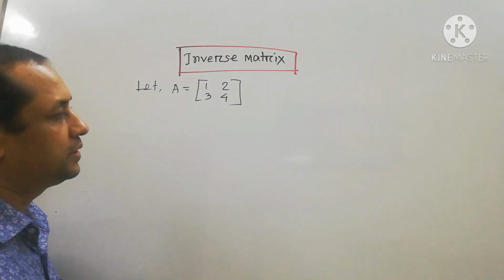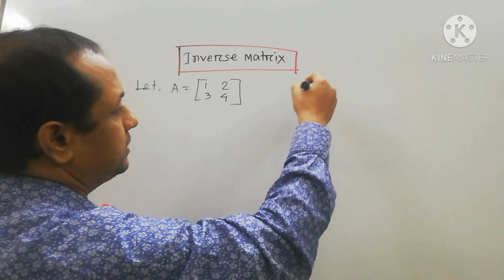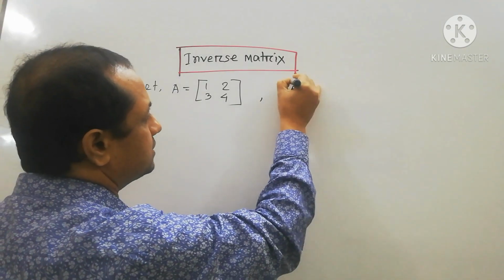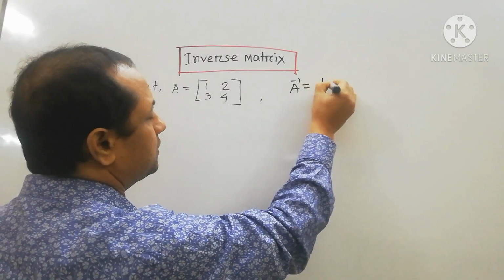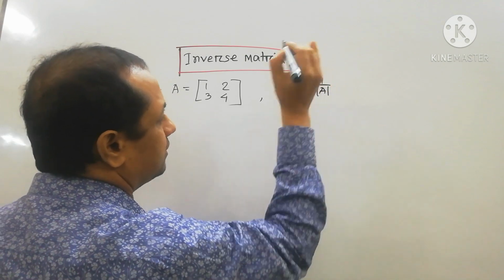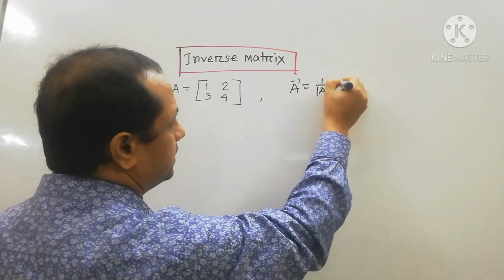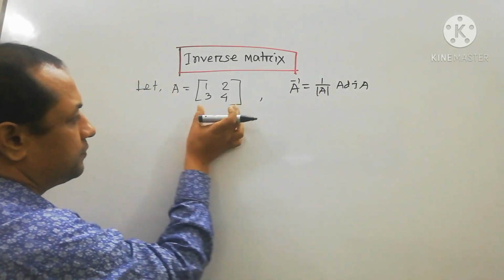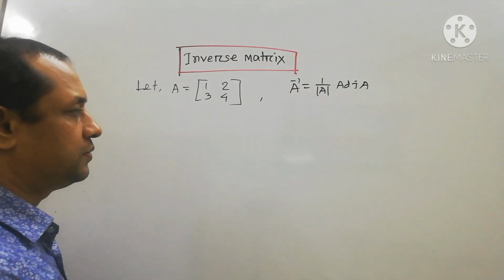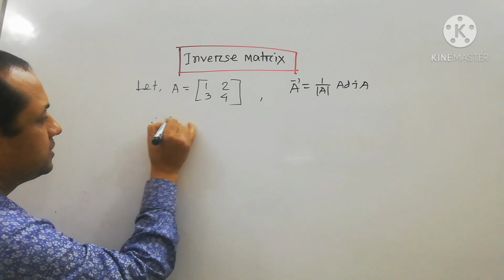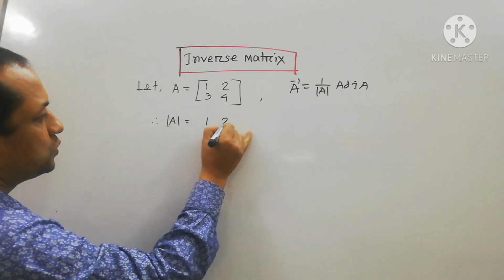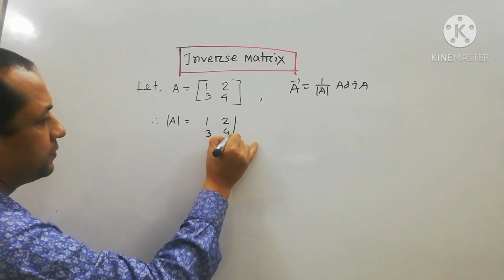Now we have student, by the definition of inverse matrix, we know that A inverse equals 1 by determinant A times adjoint of A. Now we find the determinant of A. So student, here the determinant of A is 1, 2, 3, 4.